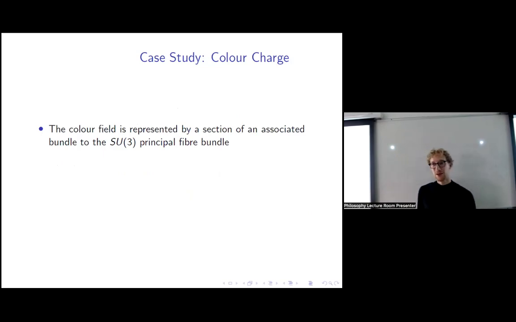So what I want to look at very briefly is color charge in a fiber bundle formalism. What we have here is a color field represented by a section of an associated bundle to the SU(3) principal fiber bundle, or maybe that's just a bunch of gibberish if you haven't looked at all this stuff about fiber bundles.